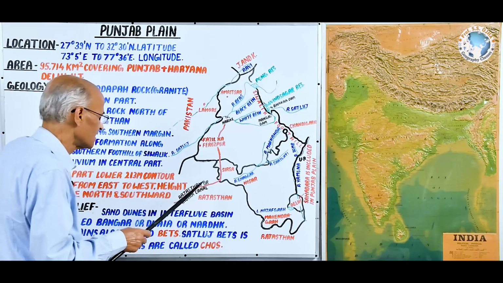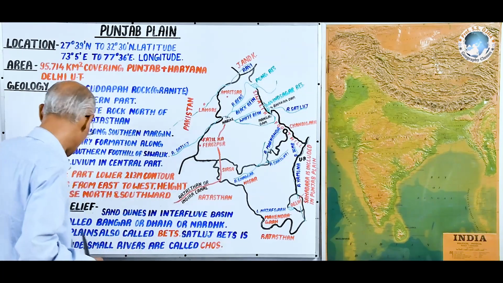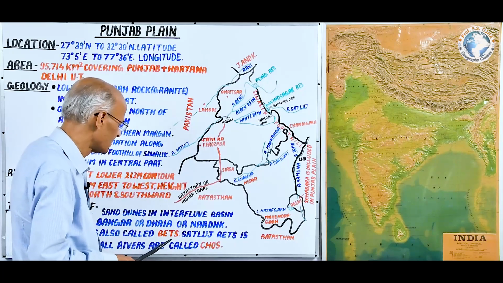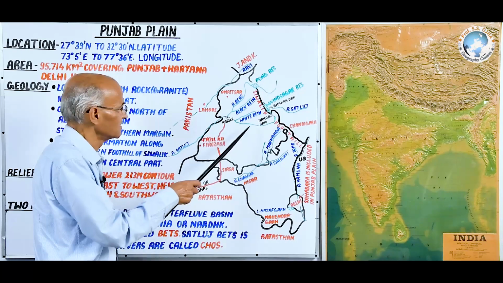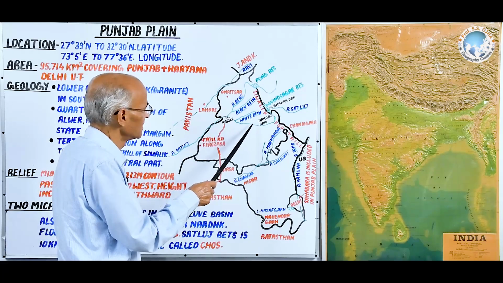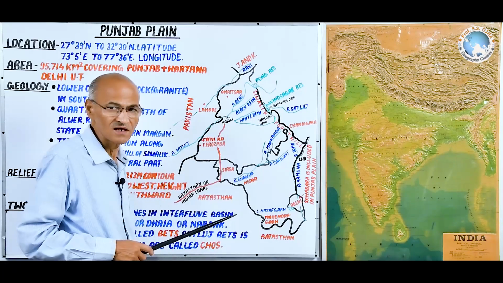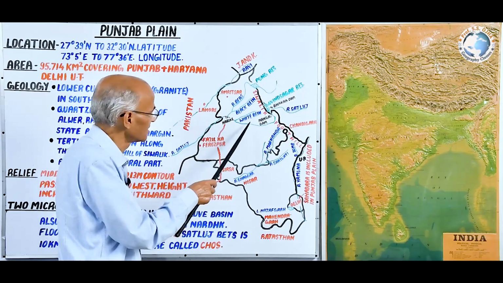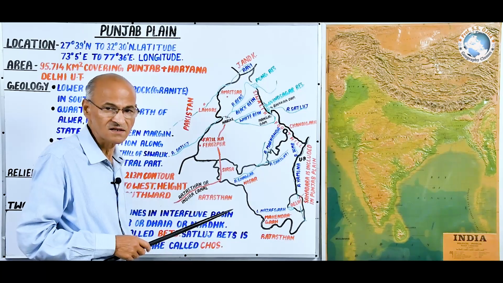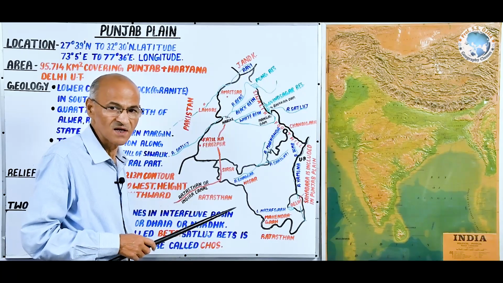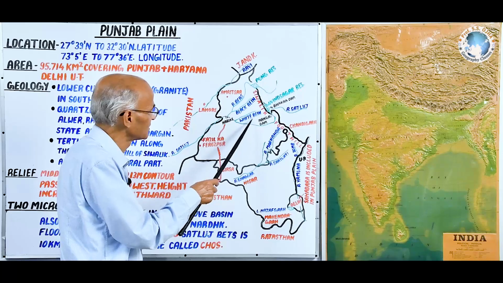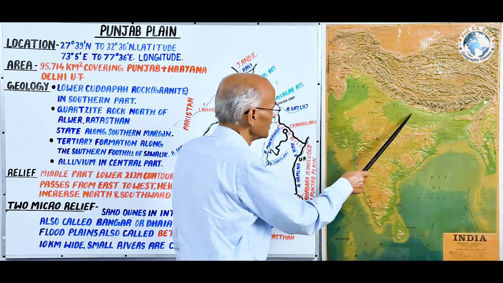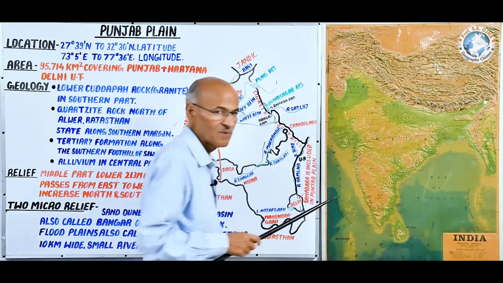And the second topography is the flood plains, also called wetland or bet. For example, these are the rivers, and in these rivers every year flood water crosses the bank, and that flooded area is called Khadar, because new alluvium is deposited along these rivers, and this term is also used in the Gangetic plain.